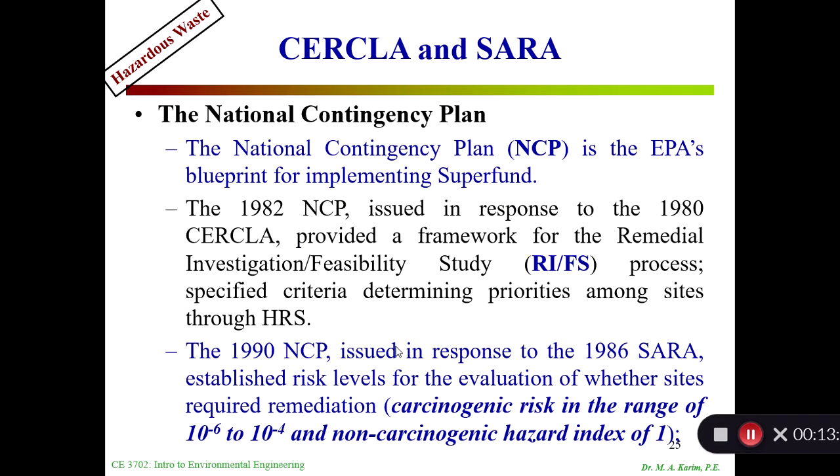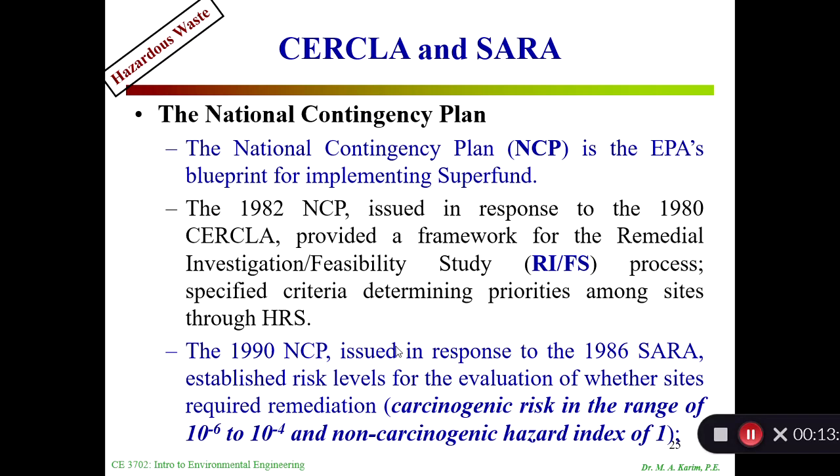So the National Contingency Plan is the EPA's blueprint for implementing Superfund. In 1982, the NCP was issued in response to the 1980 CERCLA, and provided a framework for the remedial investigation and feasibility study process, and specific criteria for determining priorities among sites through HRS.